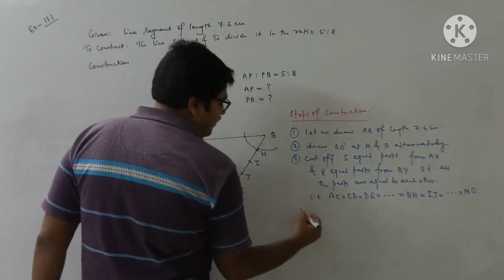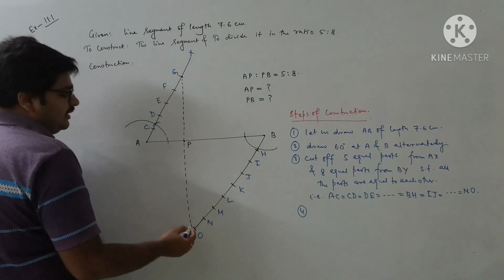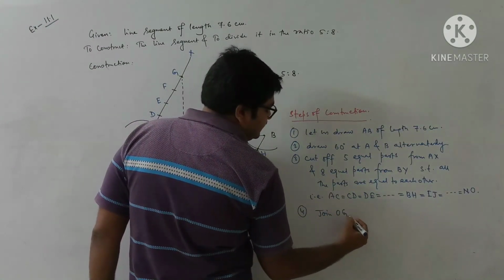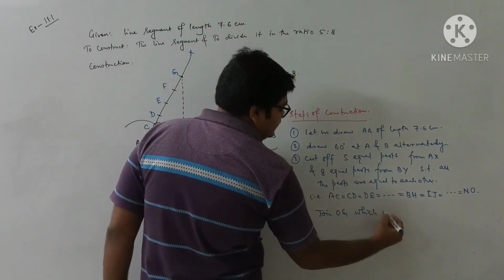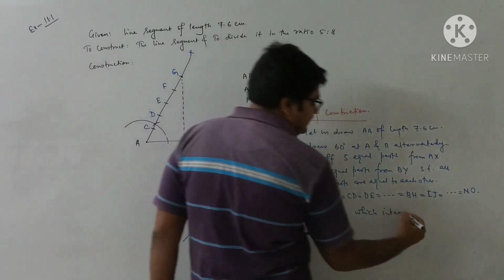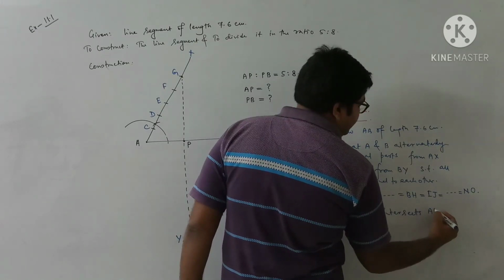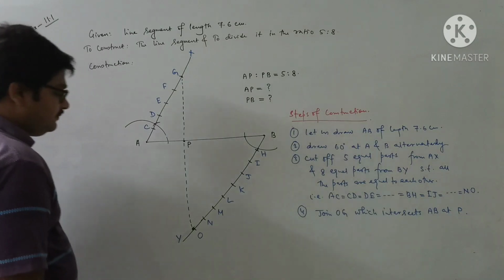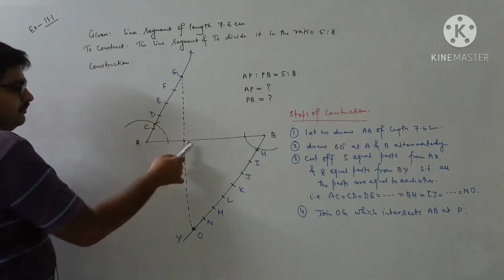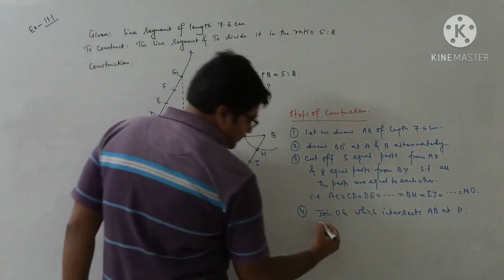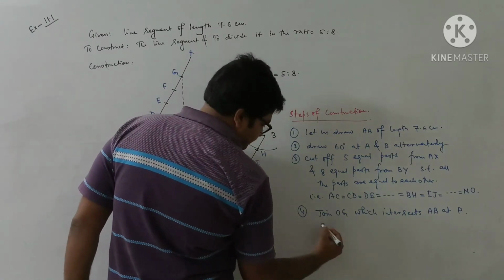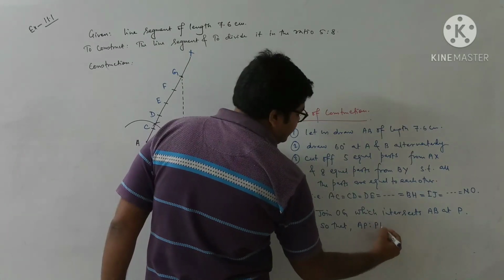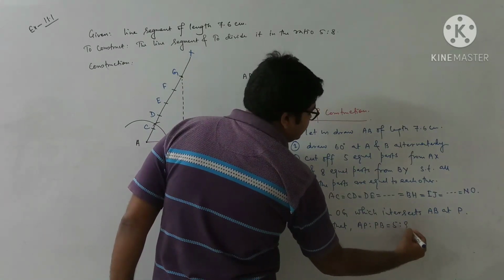Now what do we do? Our fourth part. Then what have we done? We have joined OG. Join OG, which intersects AB at P, so that AP is to PB equals 5 is to 8.